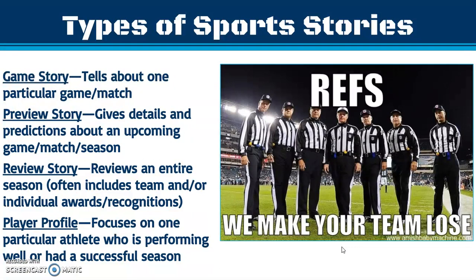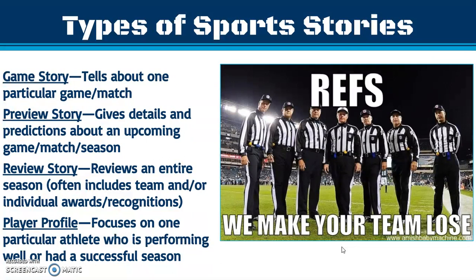All right. So the first one is the game story, and that tells about one particular game or match. The second type is a preview story, which gives details and predictions about an upcoming game, match, or season. The third type is a review story, which reviews an entire season, and oftentimes this does include team or individual awards and recognitions.